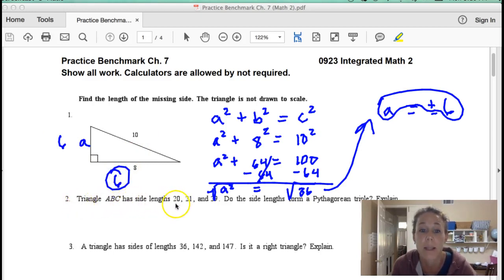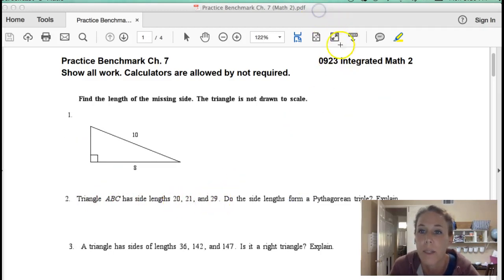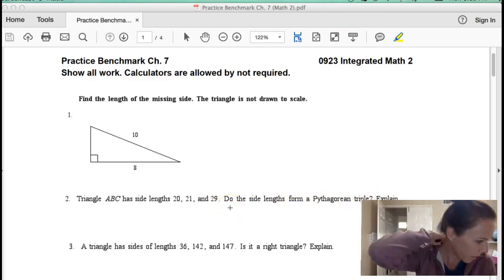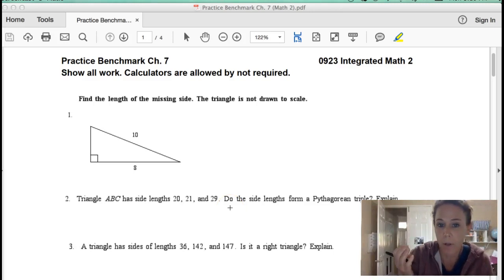Triangle ABC has side lengths 20, 21, and 29. Let's erase that so we can see that. Do they form a Pythagorean triple? Explain. All right, Pythagorean triples basically are 3 side lengths that work in the Pythagorean theorem, but they need to be whole numbers. Positive whole numbers is what they need to be.